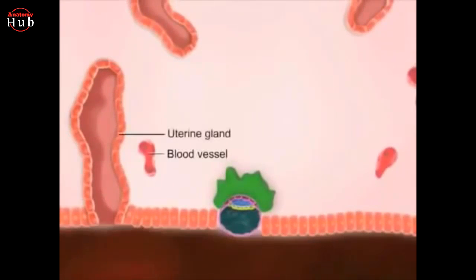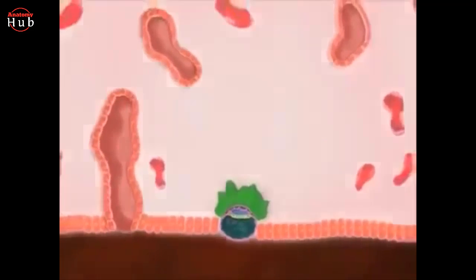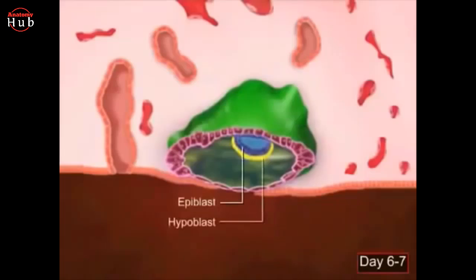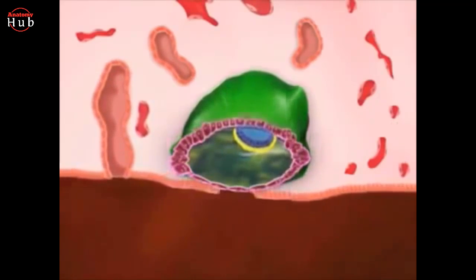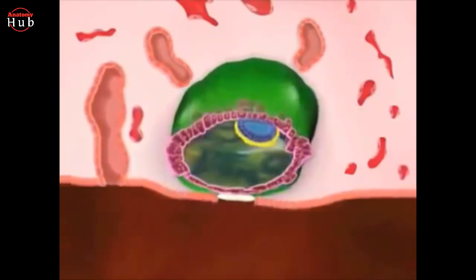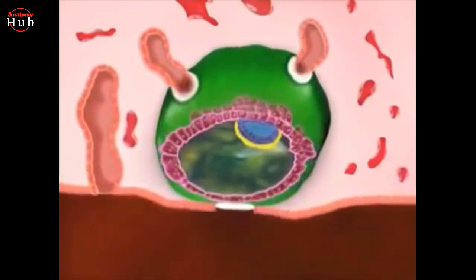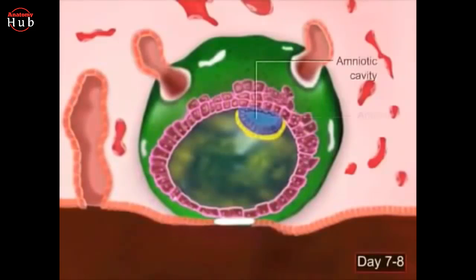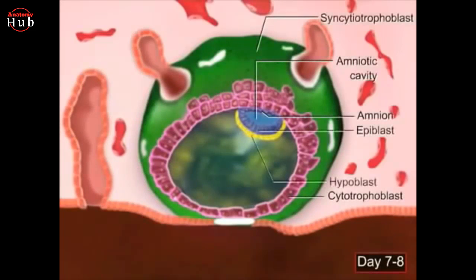It produces proteolytic substances that erode the maternal tissues. It has finger-like processes that extend into the endometrium and help in the implantation of the blastocyst. By the end of the first week, the blastocyst is superficially implanted.